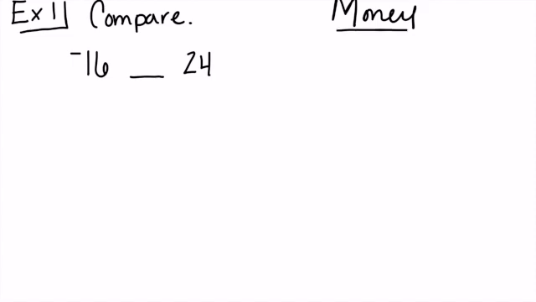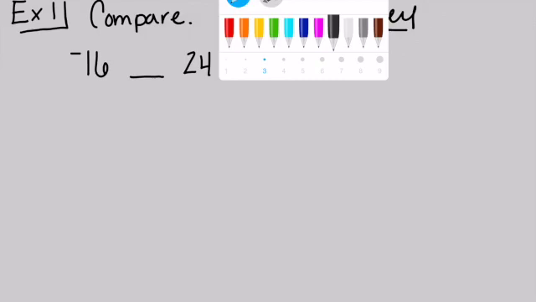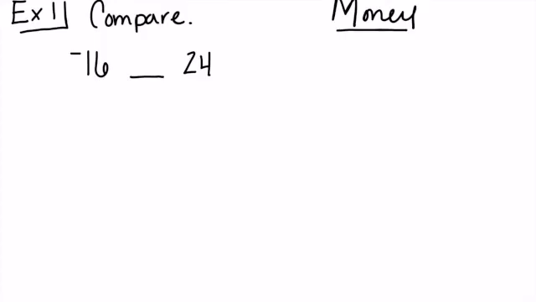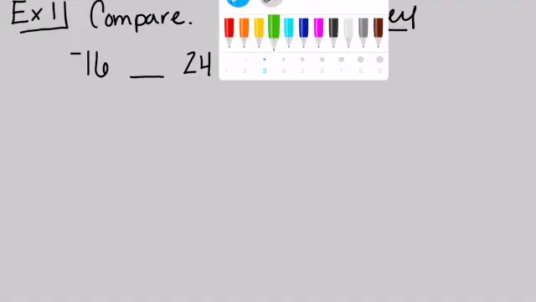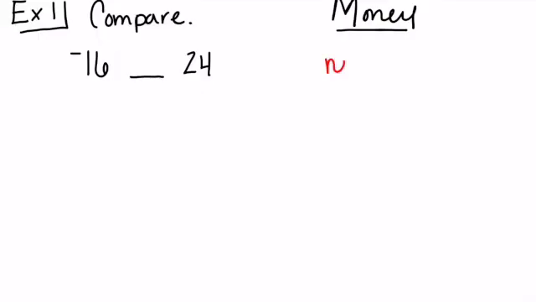Think of your values as money, where any negative amount is going to be viewed as owing money, and any positive amount is going to be viewed as having money, okay?